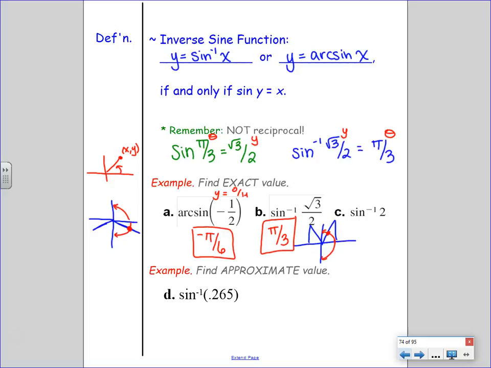Give me an angle and I'll give you an opposite over hypotenuse. Sine inverse says, no, no, no, give me an opposite over hypotenuse and I'll give you the angle. We're going backwards. That's what you're supposed to be studying in unit circle.